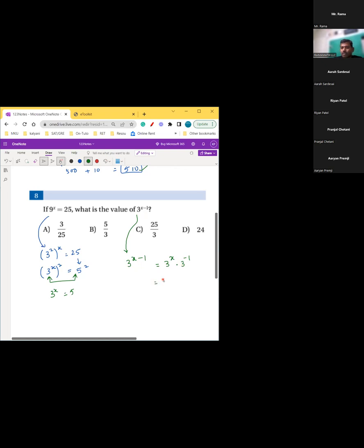So it's 3 to the x here, but this negative exponent I can bring down, making it a positive exponent. Rule number something, when you have a negative exponent. Now I can bring my 5 here, and this back up here, so that gives me 5 over 3. Have a look, make sure you understand this one.